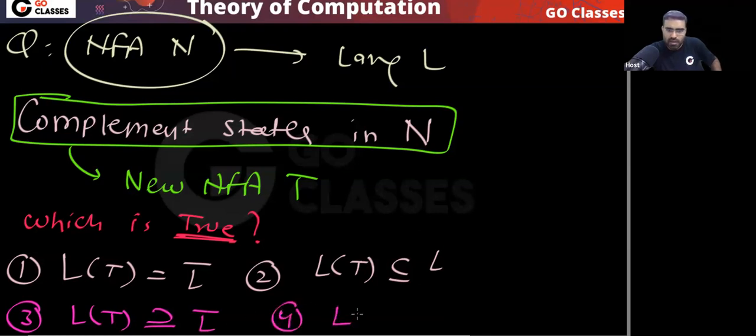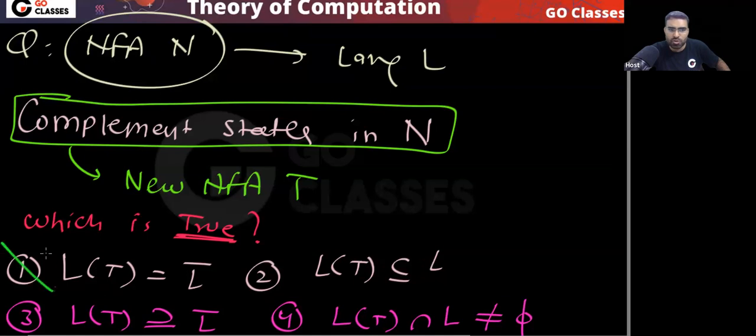Fourth: T and L have nothing common, their intersection is phi. So tell me which option is definitely true.